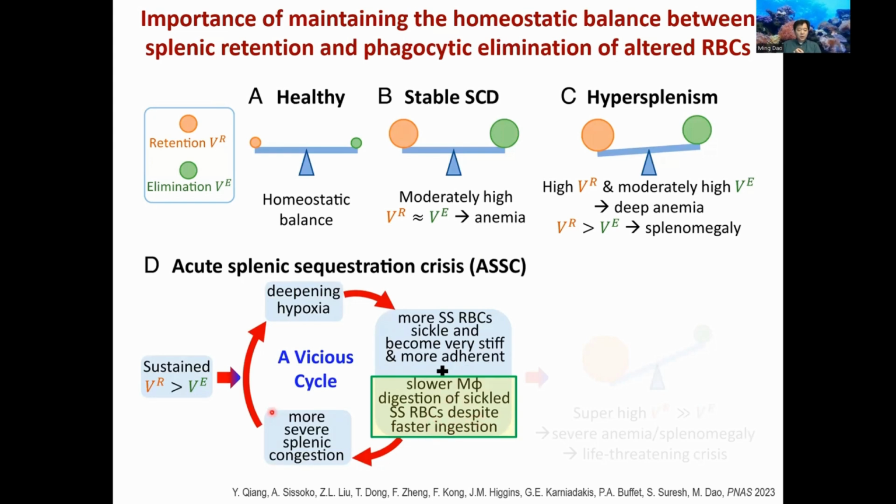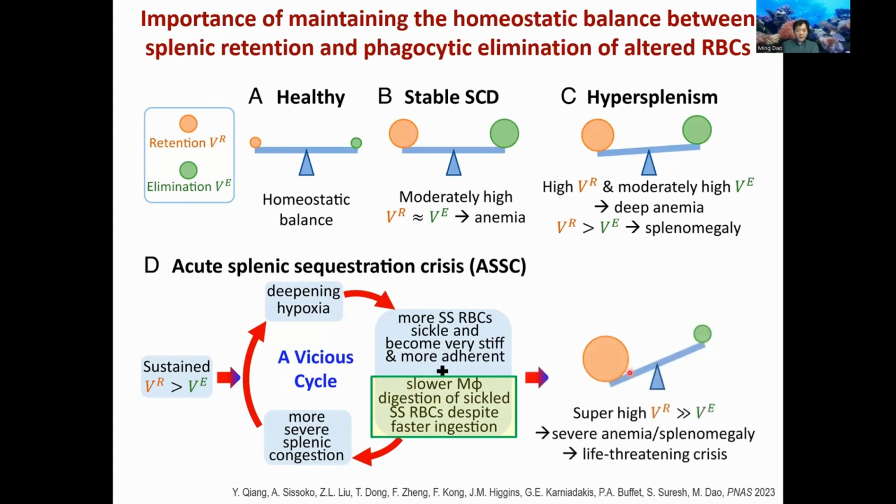So this will cause more severe congestion. This becomes a vicious cycle, and in that case the retention rate is much higher than whatever the elimination rate can keep up with. So it will cause severe anemia and severe splenomegaly, and it will be a life-threatening crisis.